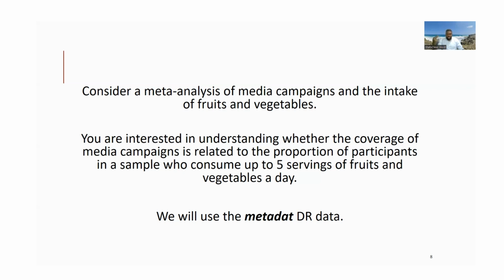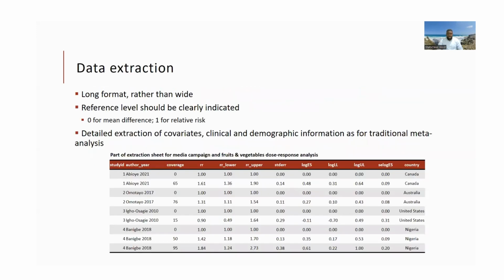If there's a TV show or TV ad, how many people see that TV ad, right? So if it's like 80% of population A, 10% of population B, that's the coverage. So you want to see whether the extent of coverage affects the effectiveness of the campaign, and you're assessing effectiveness by seeing how many people actually eat more fruits and vegetables. Okay, so that's really what we're hoping to be able to do in this meta-analysis.